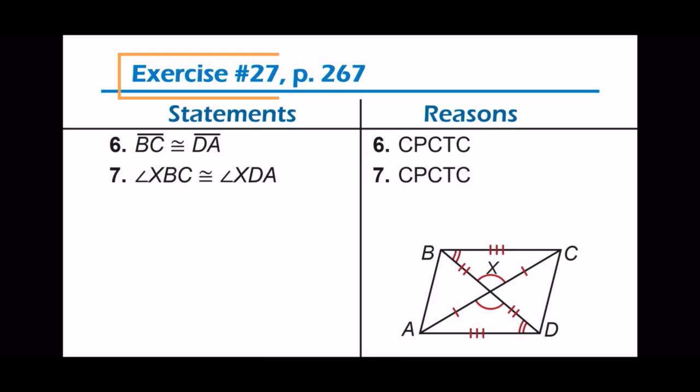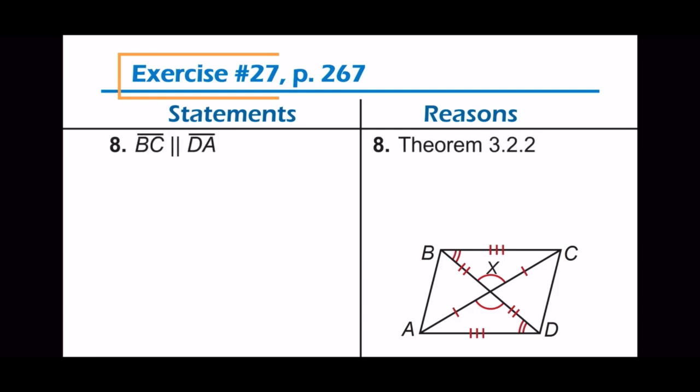Notice that these two angles are alternate interior angles, and therefore sides BC and DA are parallel. And finally, since segments BC and DA are both parallel and congruent, we can conclude that ABCD is a parallelogram by theorem 6.3.2. And notice, two different proofs of the same theorem.